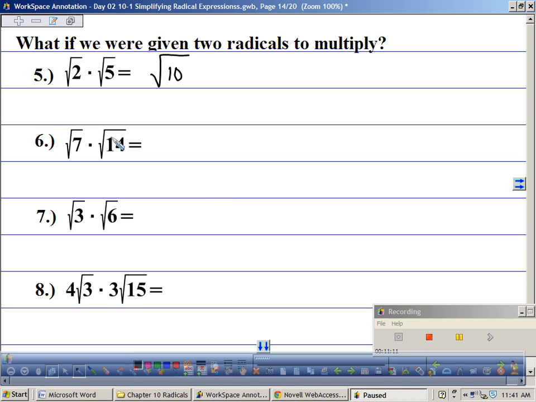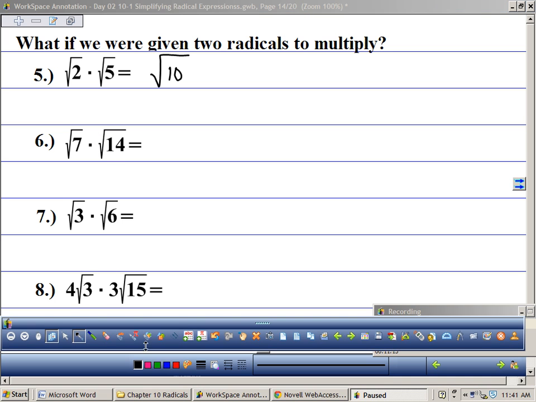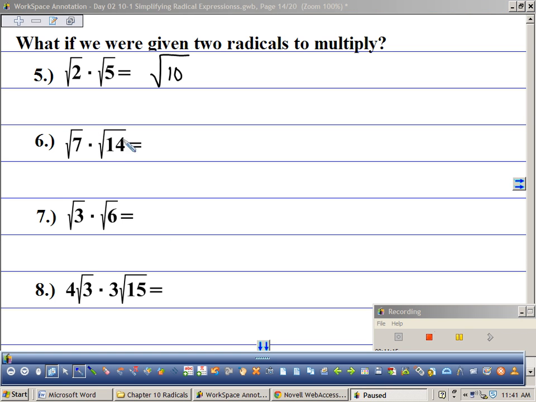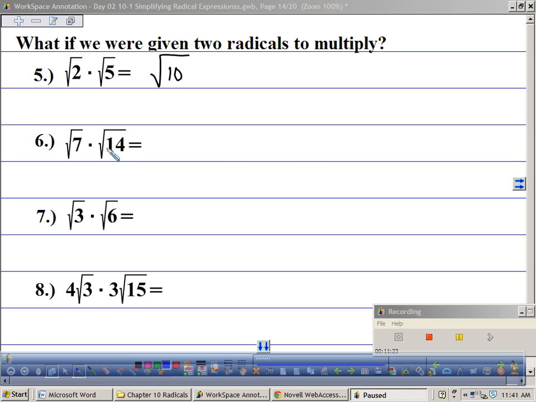What about this one? Patrick, do you see anything in here? Nothing of interest? I've got a 7 underneath the square root, and I've got a 14 underneath the square root. You're just being stubborn.